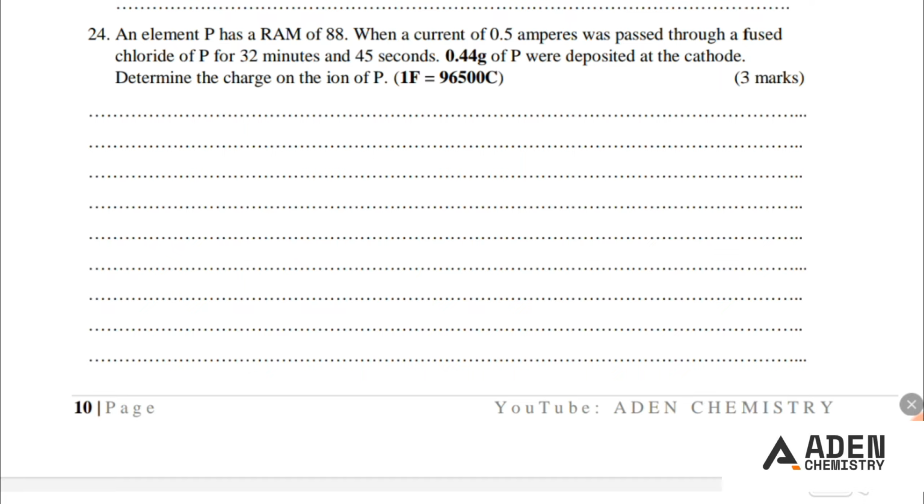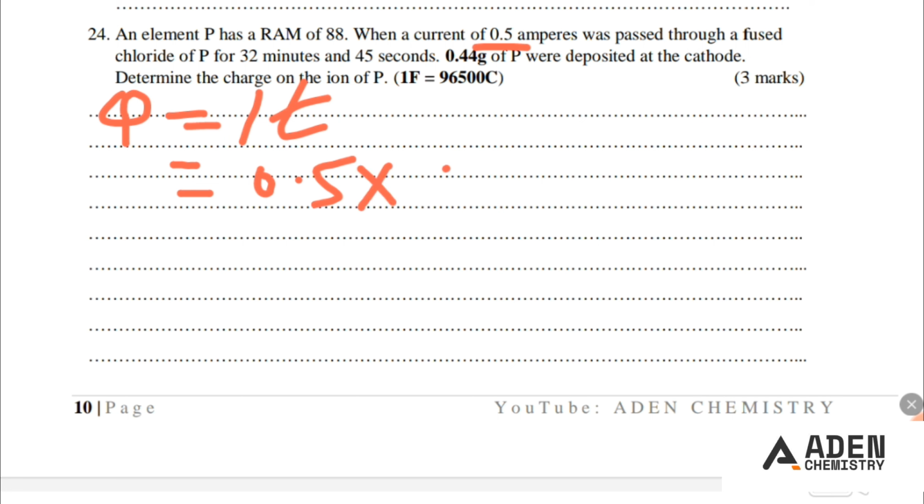So first of all, if you want to calculate the charge, we are supposed to get first the quantity of electricity passed, that is Q, and that Q is obtained by the formula I times T, where I is the current in amperes and T is time, which must be in seconds. So this will be equal to 0.5 as our current times time.